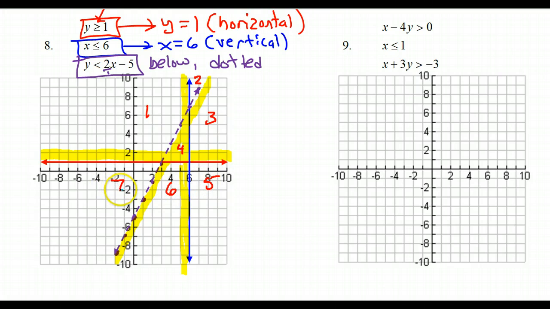There's 7 possible zones, but only one of them is right. Which is it going to be? Hopefully you said it's going to be zone 4. Zone 4 is the only region that satisfies all 3 inequalities. It's above the red, it's below the purple, and it's to the left of the blue. Alright, it's the only zone that had shading on all sides.